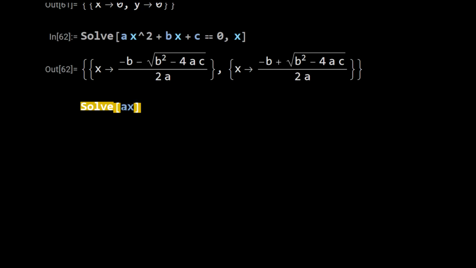So to denote a times x, we'll put a space: a x cubed plus b x squared plus c x, let's say, plus little d is equal to 0, comma x.